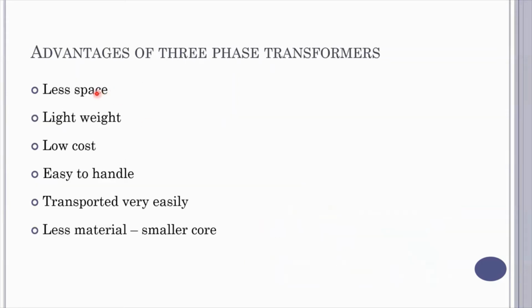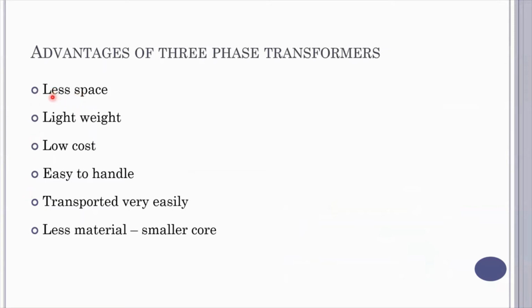And based on these advantages, we usually don't go for a single phase transformer. Instead, we use 3-phase transformers at the transmission and distribution end because of the following advantages.